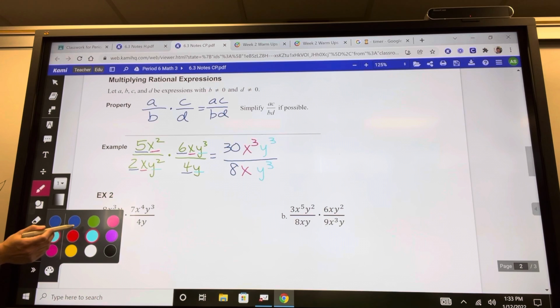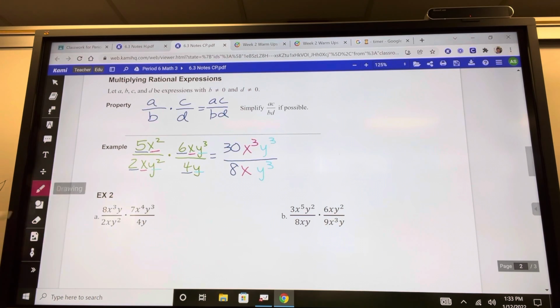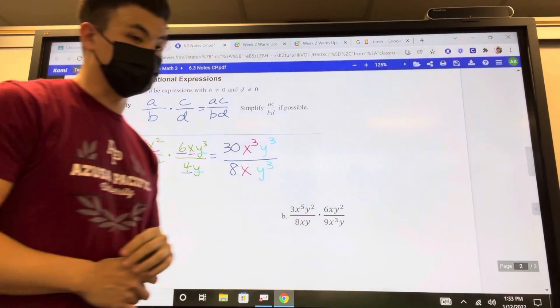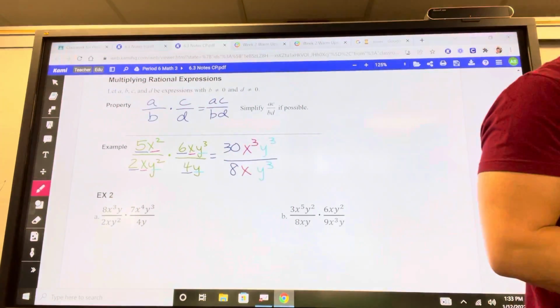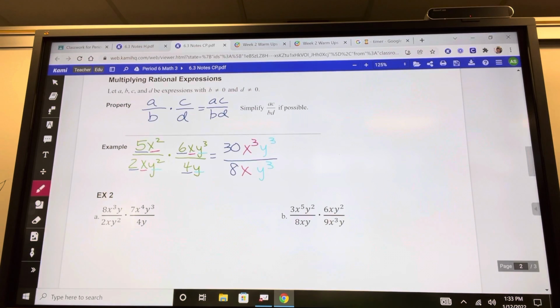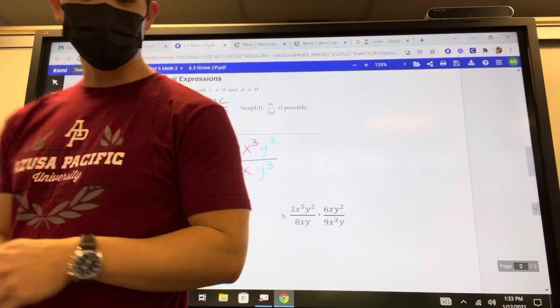Cool. From here, we can simplify. Can I simplify 30 over 8? Did I do this wrong? I did it wrong. It's okay.